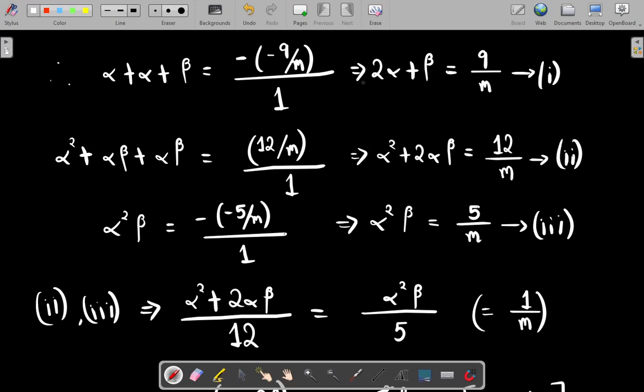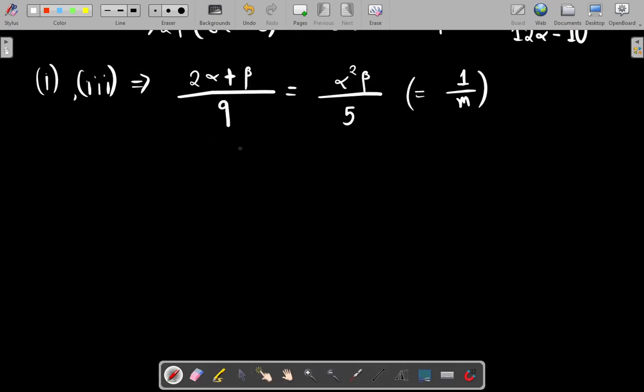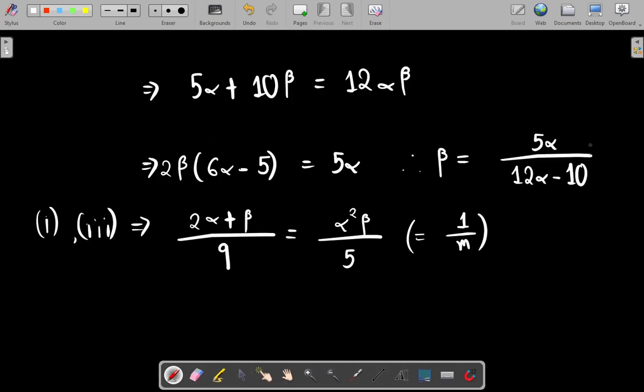If I take 9 in the denominator, this becomes 1 upon m again. So I am equating these two, and let us say the previous result, the value of beta in terms of alpha, is equation 4.